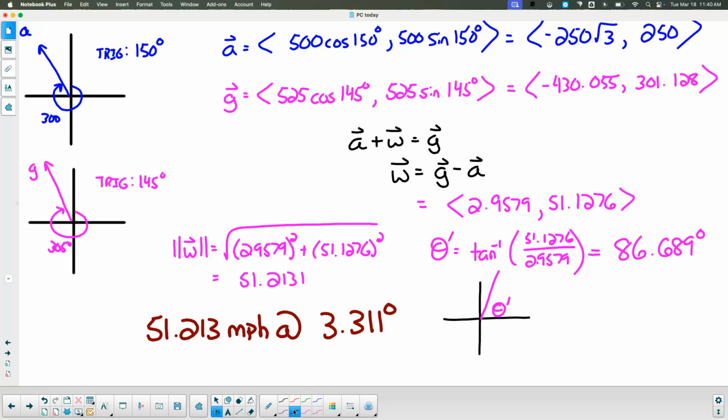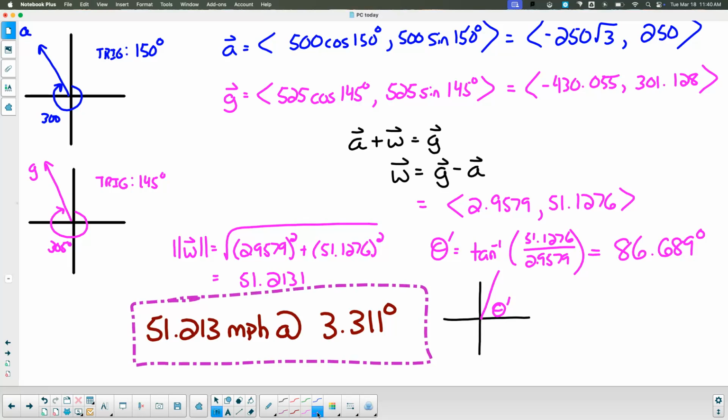I get the wind is blowing at 51.213 miles per hour at a bearing angle of 3.311 degrees.